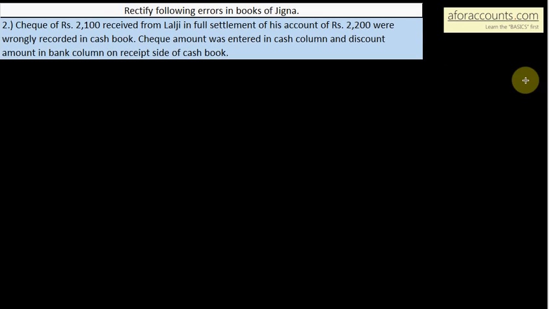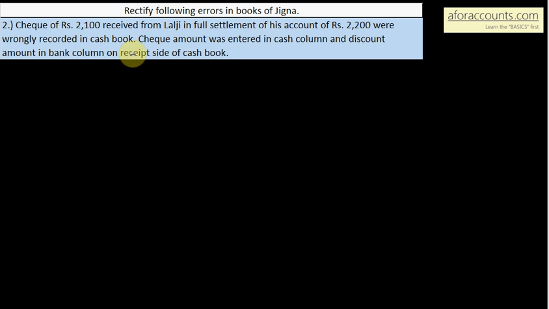Second point: a check of rupees 2100 received from Lalji in full settlement of his account of rupees 2200. Means 100 is discount. I received a check, means I have given a discount of 100 rupees, right? And it was wrongly recorded in the cash book.